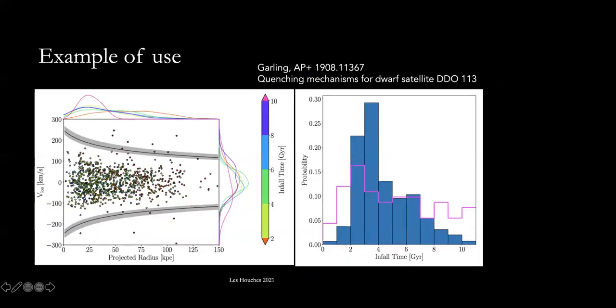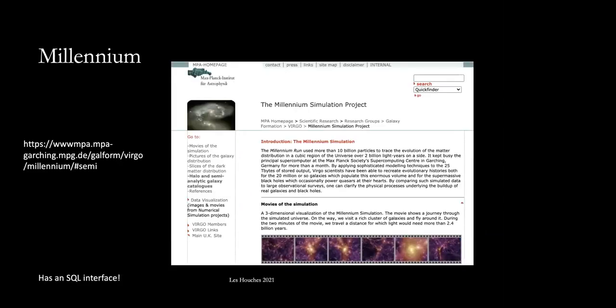My student, Chris Garling, has used those data to figure out quenching mechanisms for some small dwarf galaxies orbiting low mass halos. And so anyways, it's great. The Millennium Project is another very famous simulation project that has a database with an SQL interface where you can query the system and study objects that are interesting to you.